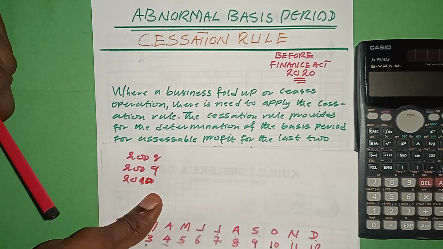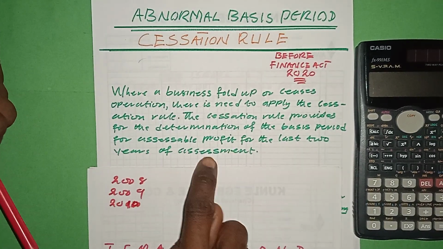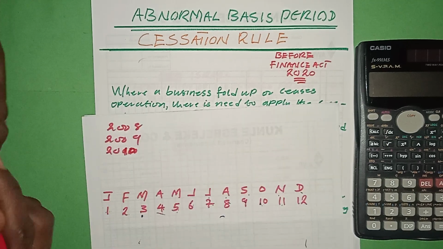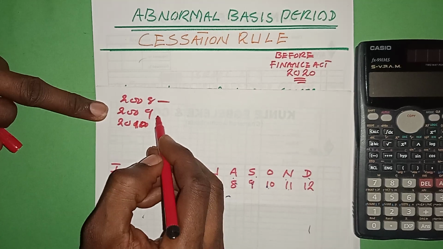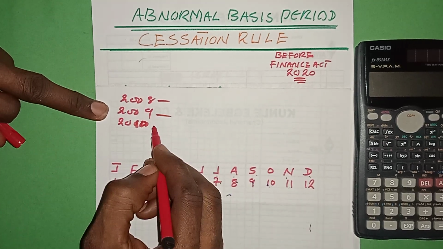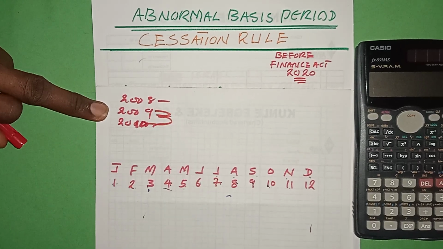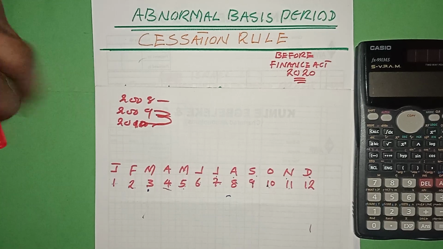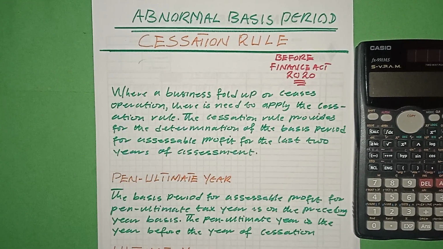So here it is saying that the profit for the last 2 years of assessment. Now, you started here, your business is still running here, then you decide to fold here. So this is the last 2 years of your business. 2009 and 2010 is the last 2 years. Let's continue. I will explain it more so that you understand better.